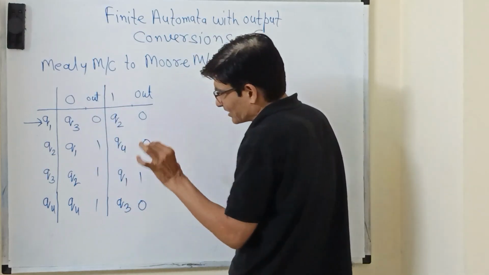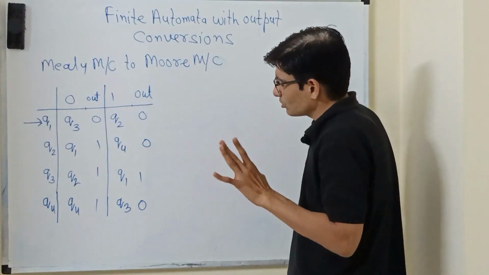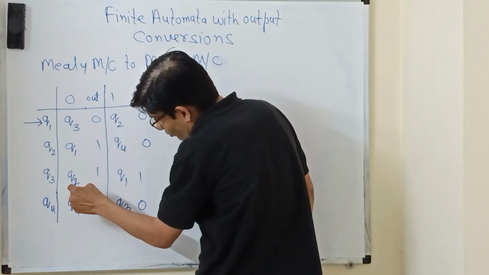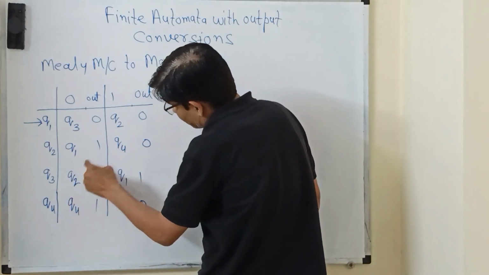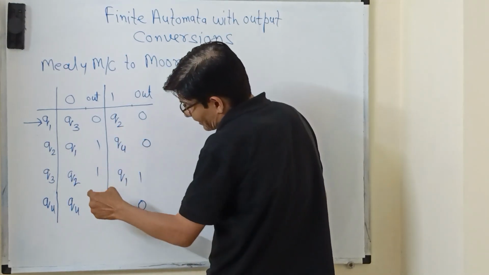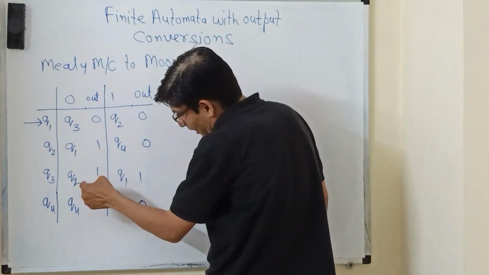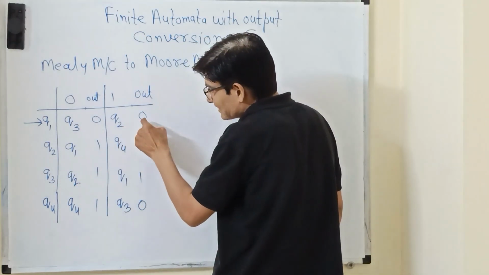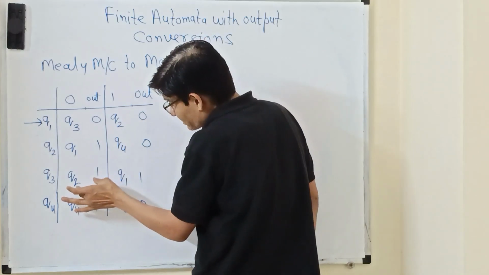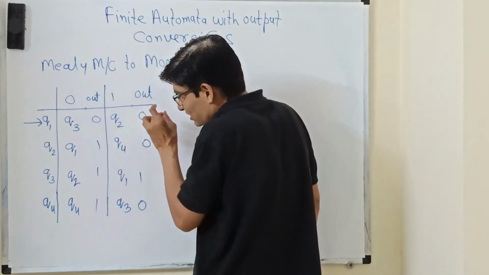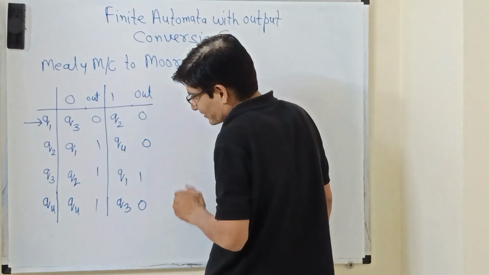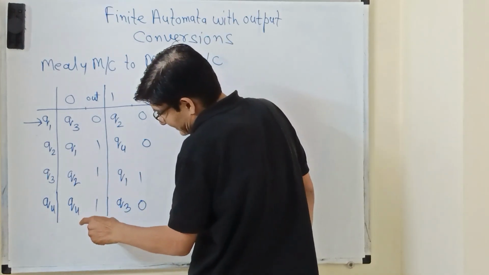So because of this, Q1 also has no problem. Now on Q2, there are two entries, and here you can see output as 1 and here you can see output as 0. That means the outputs associated with state Q2 are different. And also we will check Q4.